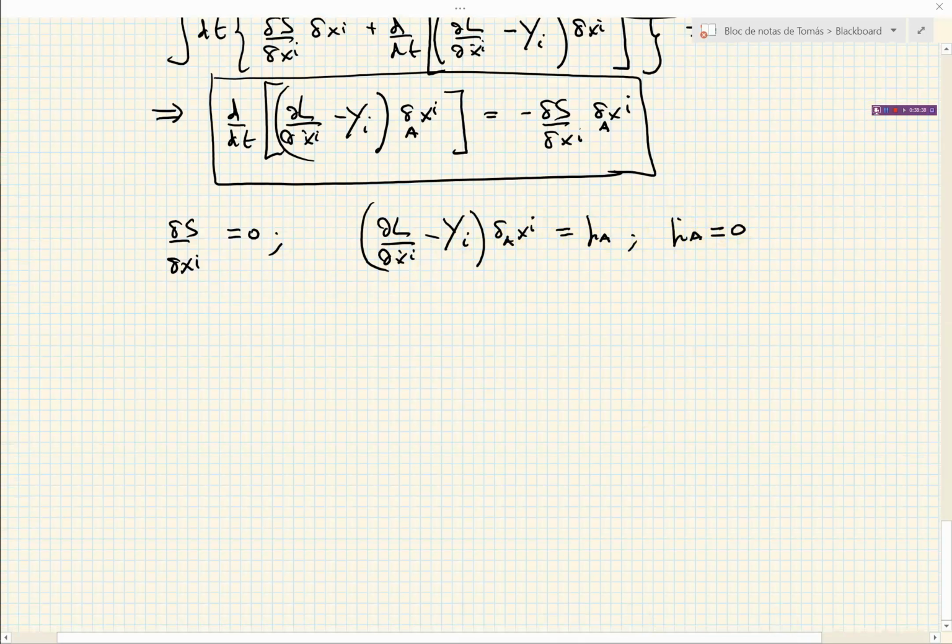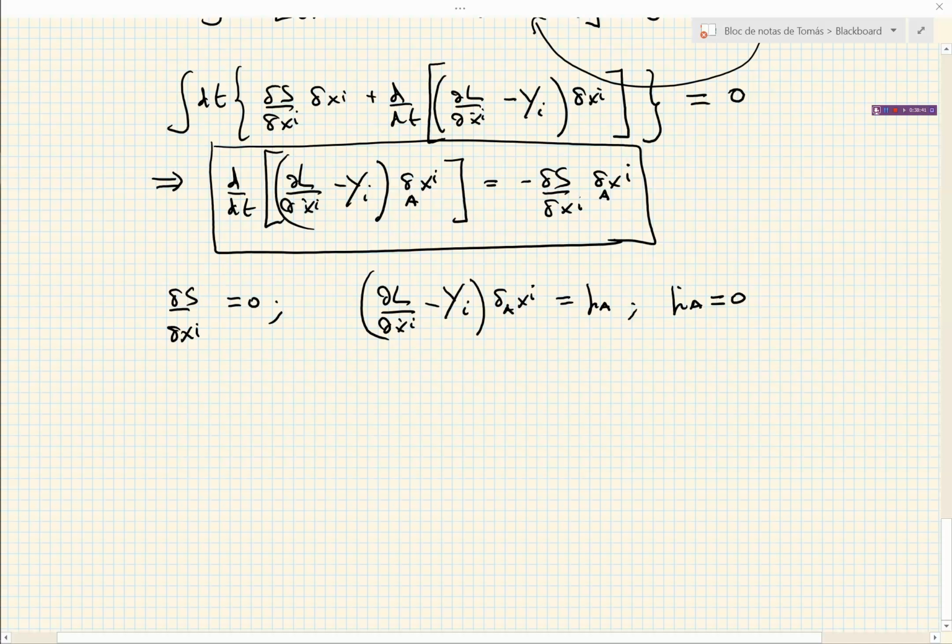So the thing is that this conserved quantity, or this constant of motion, which is sometimes called a Noether charge in this context, is conserved. And this is the first generalization of the Noether theorem.